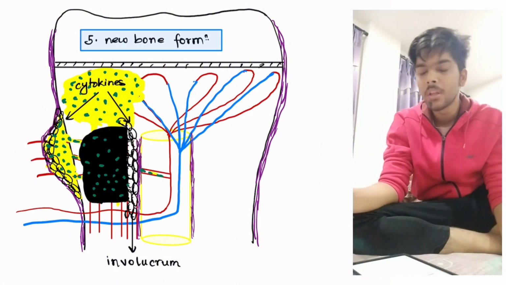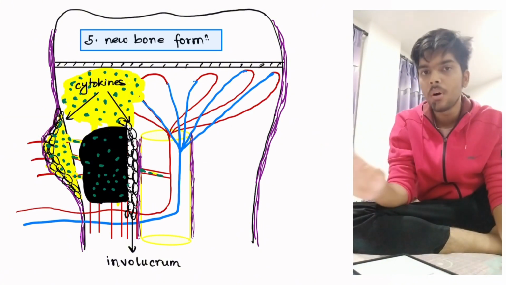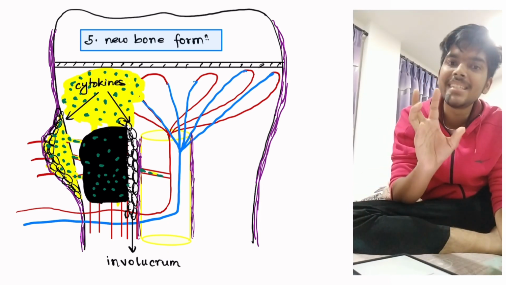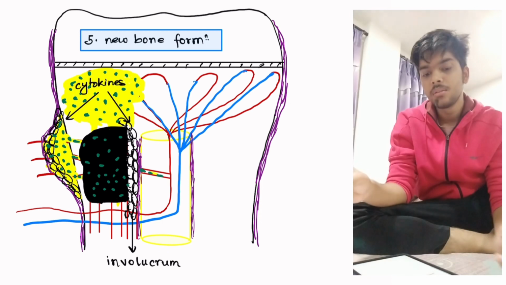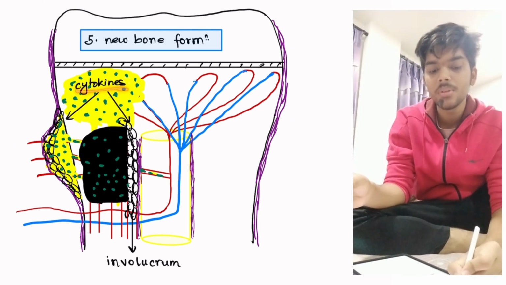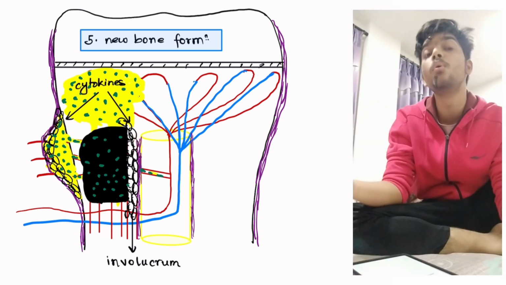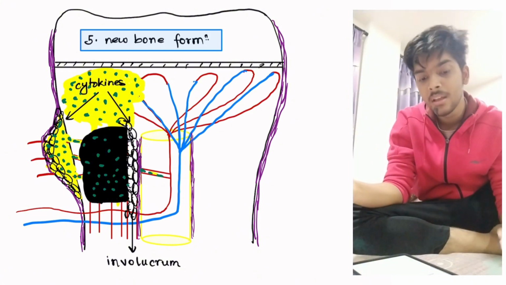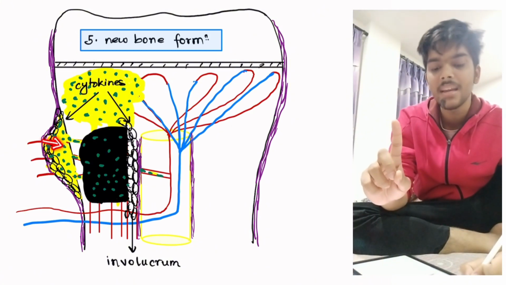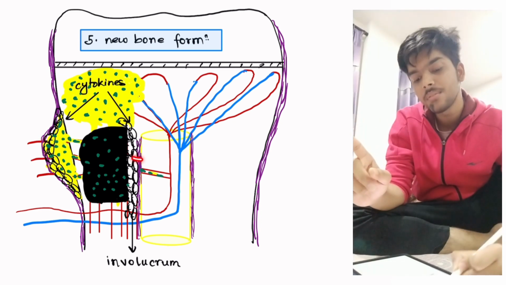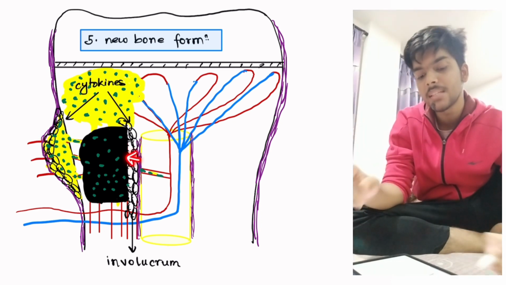To do what? The periosteum and endosteum contain stem cells that form your bone cells. So cytokines message those stem cells to form new bone cells. So the periosteum starts forming bone cells from this direction, and the endosteum starts forming bone cells from this direction.